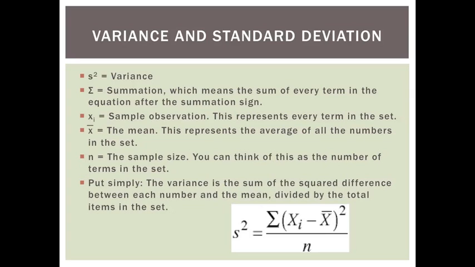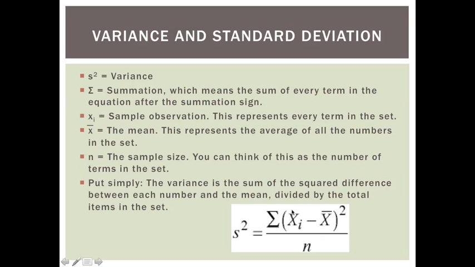Here is the formula to find your variance, s squared. This symbol equals summation, which means the sum of every term in the equation after the summation sign. So what that means is this number represents every term in the set.